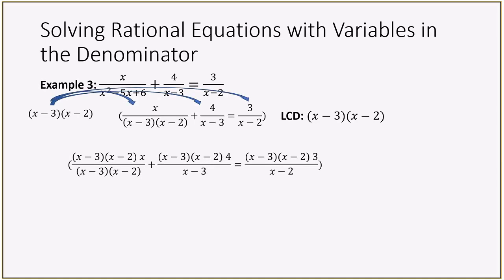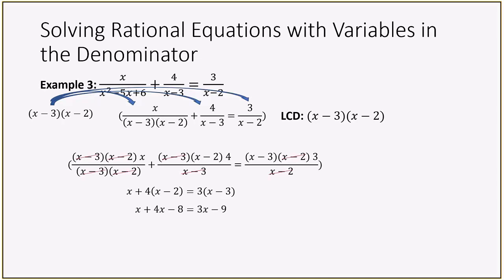If I'm doing it correctly, I should be able to cancel out every single denominator. So my first fraction, my x minus 3's cancel out, my x minus 2's cancel out. My second fraction, my x minus 3's cancel out. My last fraction, my x minus 2's cancel out. And so all I'm left with is actually a fairly simple equation. I'm left with an x, 4 times x minus 2, and 3 times x minus 3.